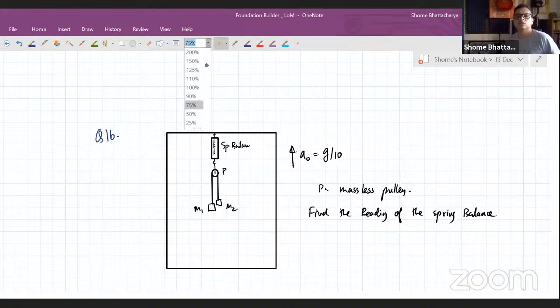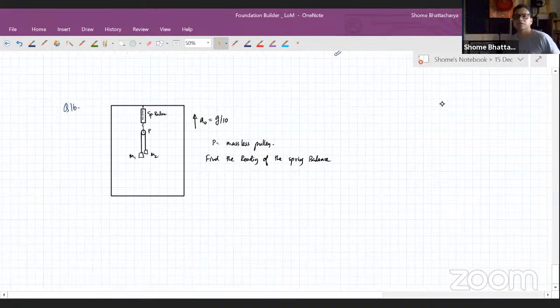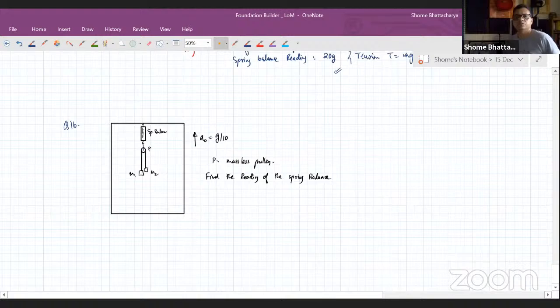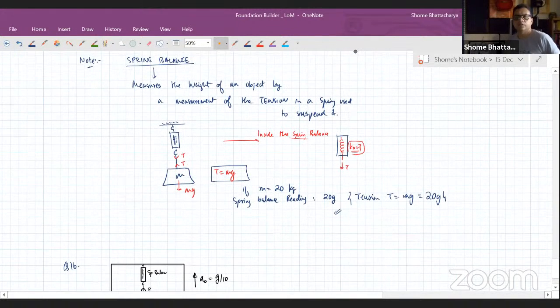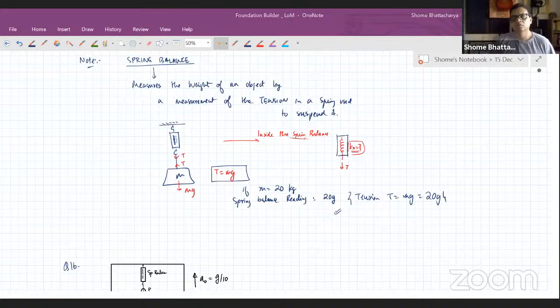Now from our earlier knowledge, we understand that the reading of the spring balance is the tension with which the spring is being pulled downwards. So we have to find the tension with which the hook of the spring balance is pulling it down.